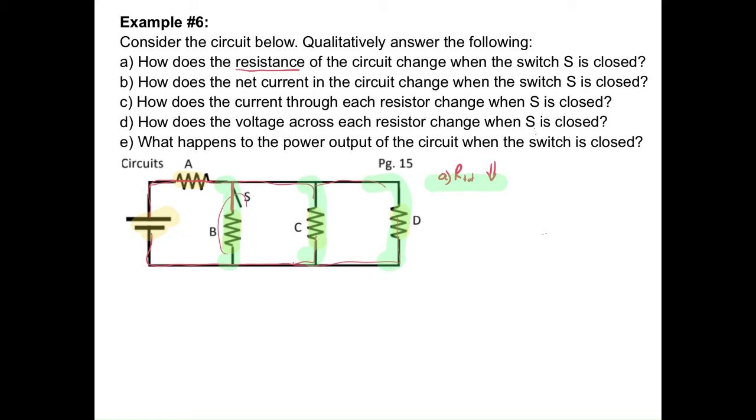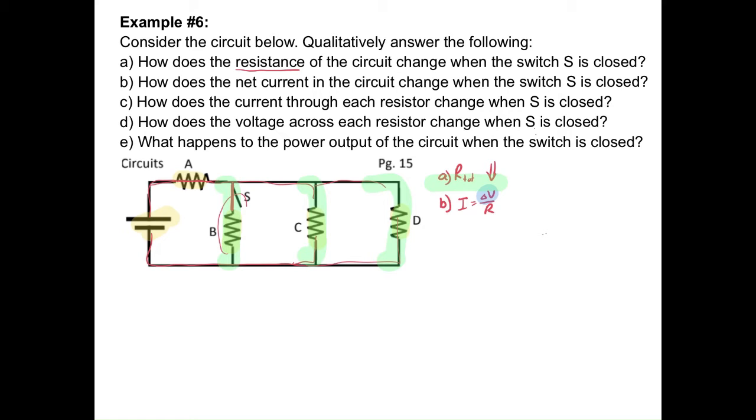Now, letter B says, how should the current in the circuit change? Well, we know that V equals IR, or that I is equal to delta V over R. Now, if that's the case, we know that the potential difference is staying the same, right? That is being provided by the battery.